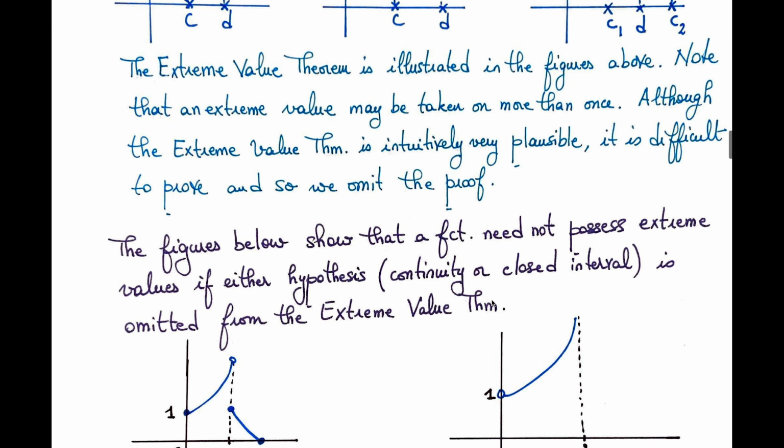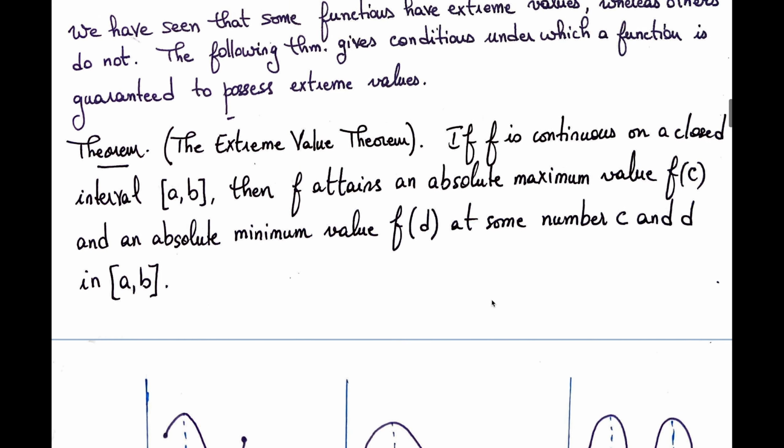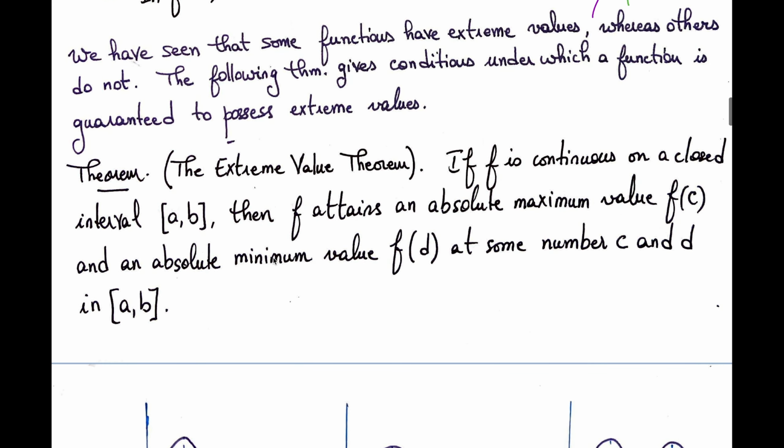Okay, so what are the conditions required for such a conclusion to occur? For the extreme value theorem, you need continuity, and you need the set AB to be closed and bounded. These two conditions are overriding assumptions. You cannot drop any of them.